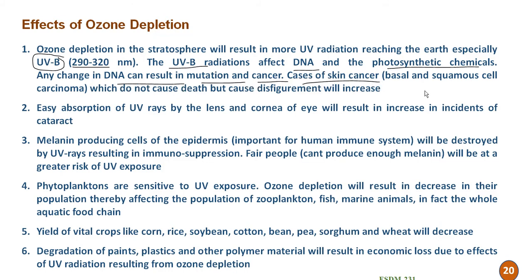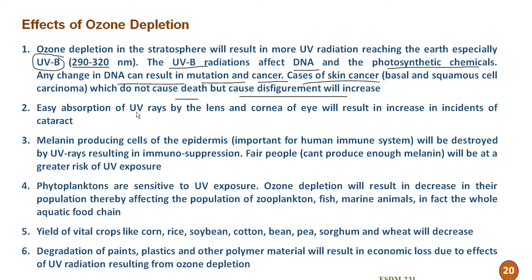And cases of skin cancer, that is basal and squamous cell carcinoma, which do not cause death but cause disfigurement, will increase. So these are the harmful effects of that particular ultraviolet radiation range, which causes mutation and cancer.